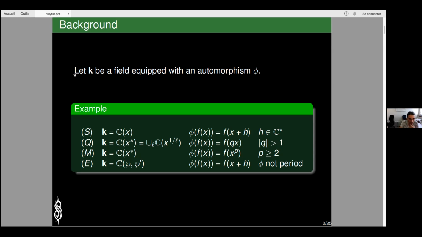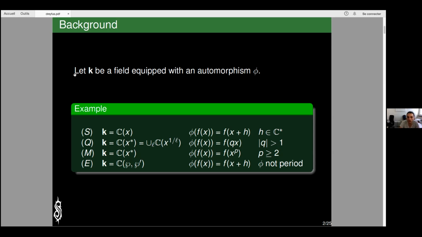The last case is the case of elliptic functions. You have two ways to represent an elliptic function. You may represent it with a Weierstrass function, a meromorphic function on C with two different periodicities. In that case, the automorphism will be f of x mapped to f of x plus h.